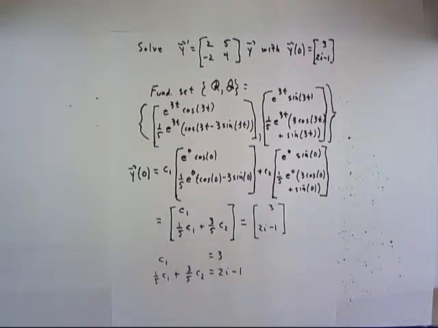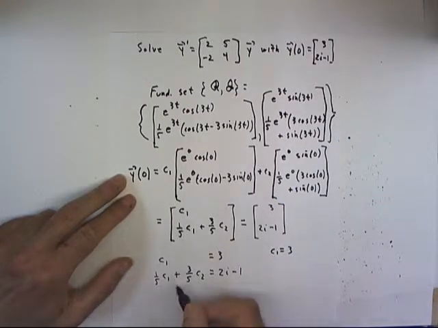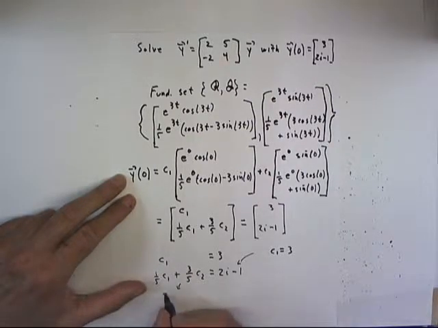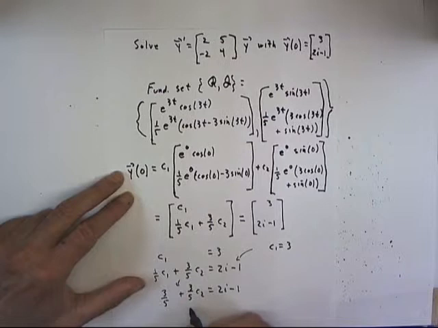In any case, plugging c1 equals 3 into this equation gives us the equation: c1 is 3, so 1/5 of c1 is 3/5, and then plus 3/5 of c2, we get 2i minus 1, which means that 3/5 of c2 equals 2i minus 1 plus 3/5.